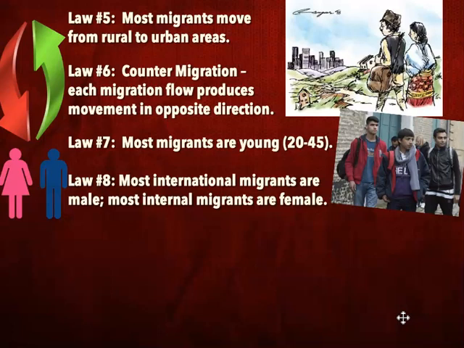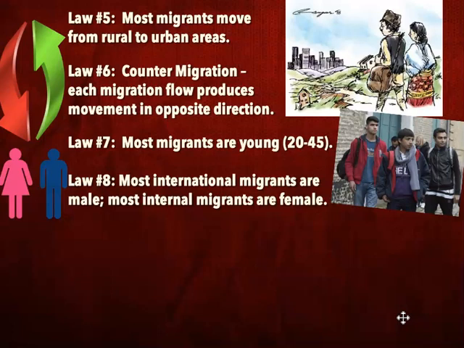Some of them are legal limitations, some of them are cultural limitations, and so you combine those together, and the end result is a lot of times you're going to see more of that movement on the international scale being done by males. When it talks about internal migrants, and that means people moving from place to place within a country, not moving from one country to another, that's where the rule gets flipped, and so you will see most of that being female. So there you go, a little bit of all that.